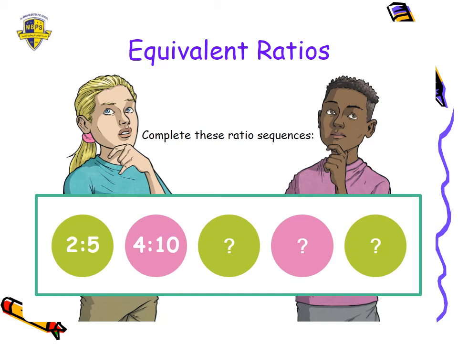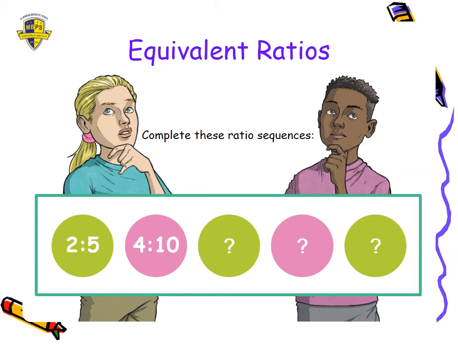Like a fraction, you have to multiply the top and the bottom number by the same whole number. So if you multiply 2 by 2, you also have to multiply the other number, 5, by 2. So 2 multiplied by 2 is 4, 5 multiplied by 2 is 10.